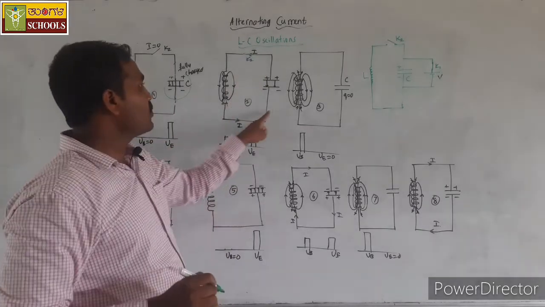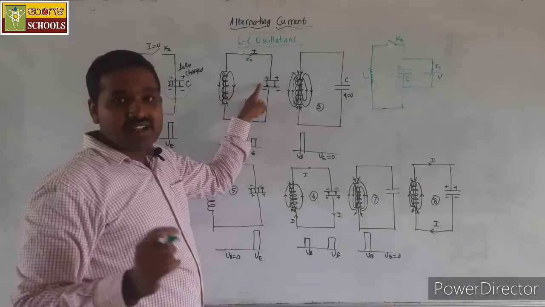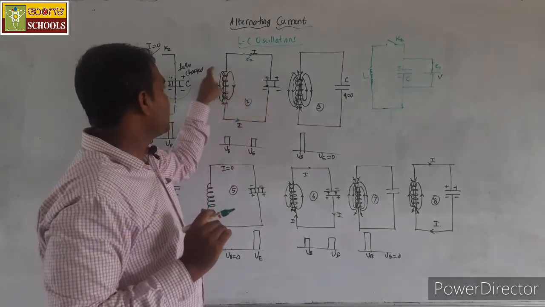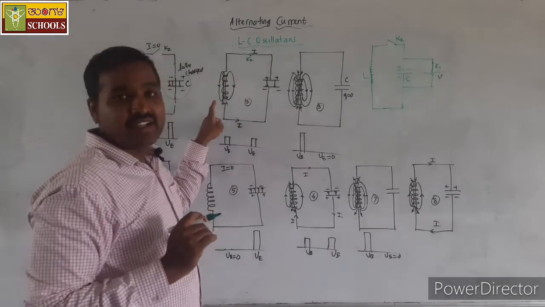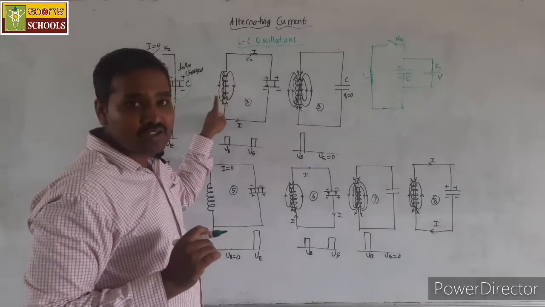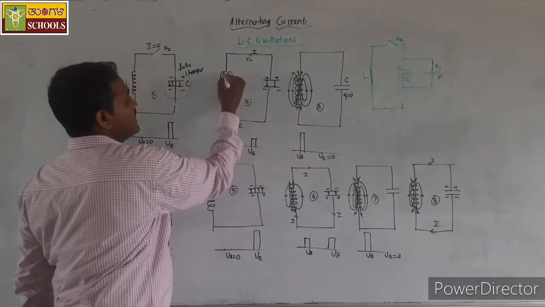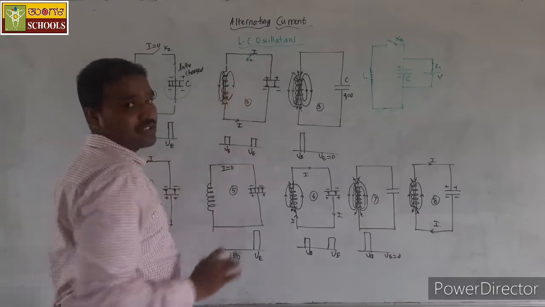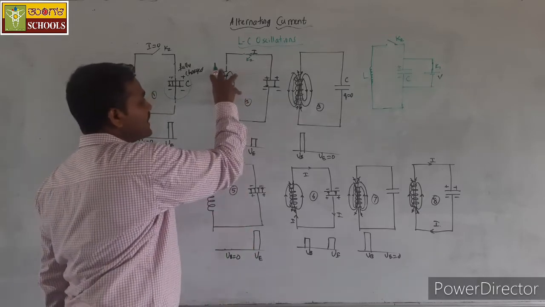When the current flows, the charge in the capacitor starts reducing, and there is energy stored in the inductor because of the magnetic flux induced around this coil. These indicate the magnetic field lines here. Because of this magnetic flux induced, there is energy stored in the inductor.